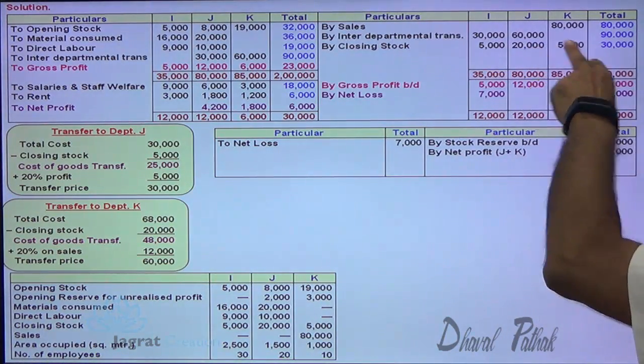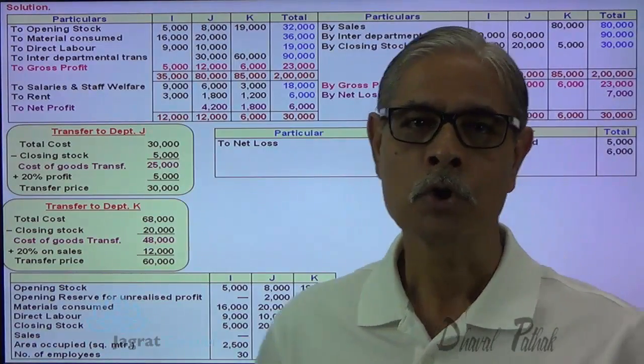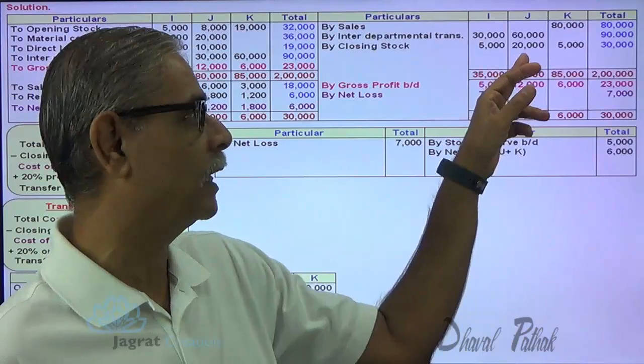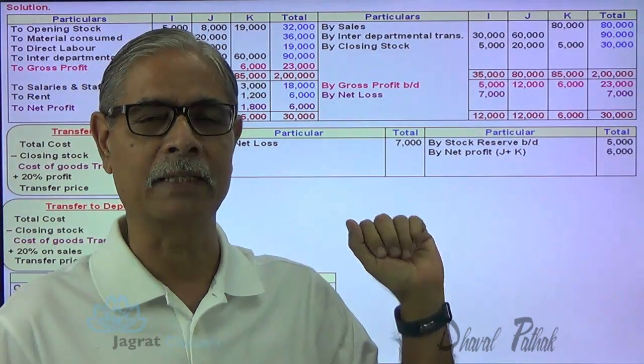Now there is a closing stock in J and K departments. J has a closing stock of 20,000, K has a closing stock of 5,000.